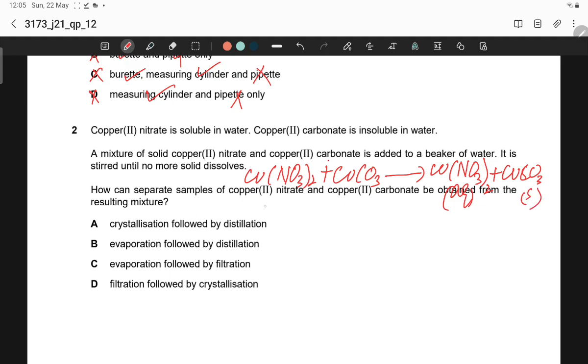How can separate samples of copper(II) nitrate and copper(II) carbonate be obtained from the resulting mixture? Because copper(II) carbonate is insoluble in water, it is separated through filtration as a residue.